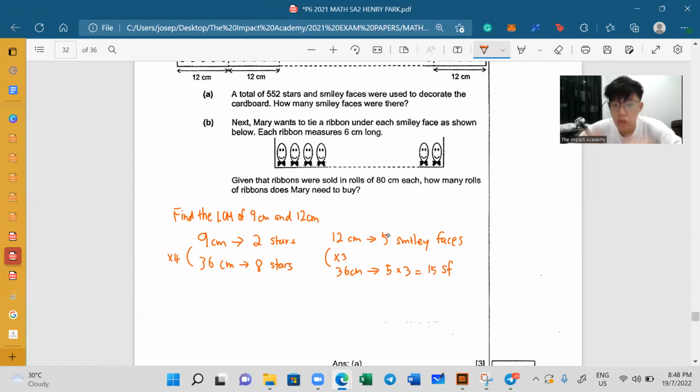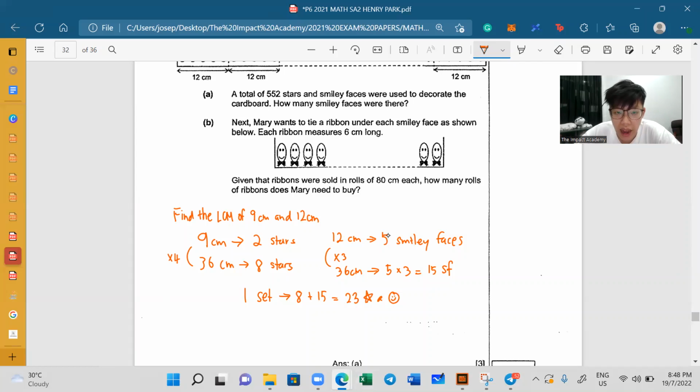Now, what you want to do is group them up. When you count them in groups or in sets, it will be easier for you to get to 552. I know that there will be 8 stars and 15 smiley faces in one set. So I'm just going to write down that one set is 8 plus 15, which equals 23 stars and smiley faces.